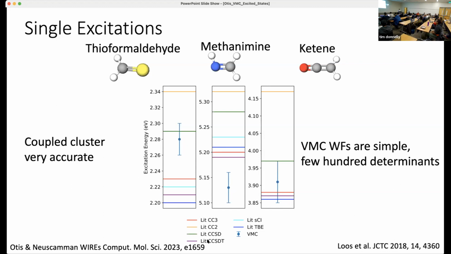Coupled cluster theory in the purple and the red can be extremely accurate for these sorts of systems, but you can also do fairly well with VMC within about 1/10 of an eV or better accuracy in doing this with what are still fairly modest wave function ansatzes of a few hundred determinants. So you don't need truly exhaustive variational treatment of the correlation to get good excitation energies. So this is the first reassuring check on its accuracy in molecules.